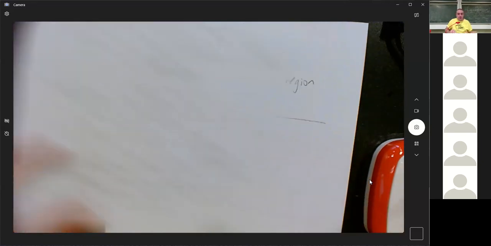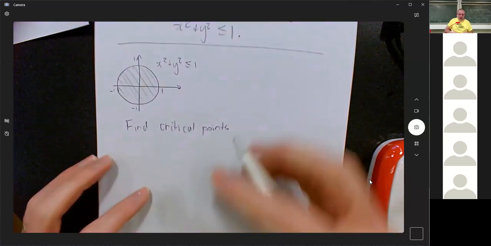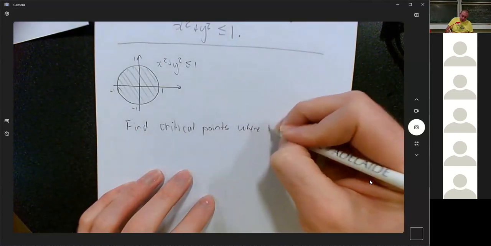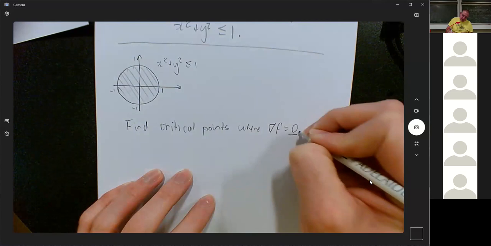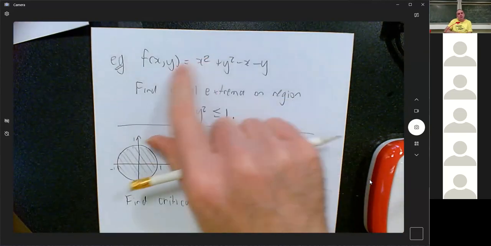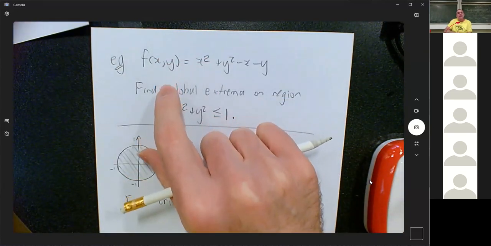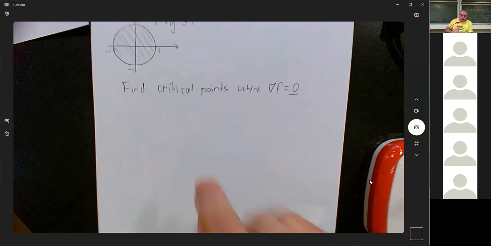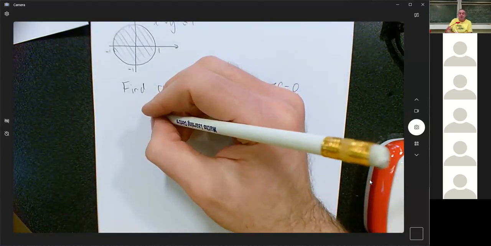Critical points. Okay. So find the critical points where the gradient of f is the 0 vector, which in our case will have two coordinates because there's two variables, so it'll be df dx and df dy, or f sub x and f sub y.